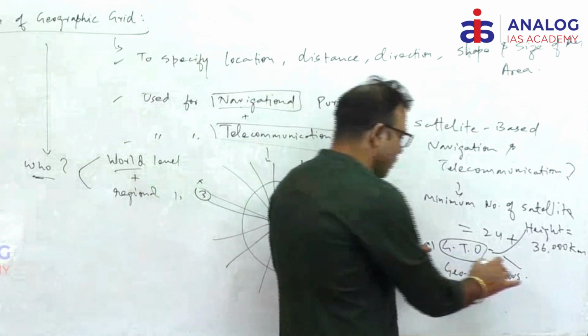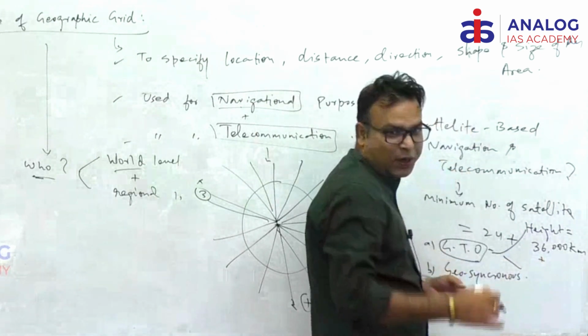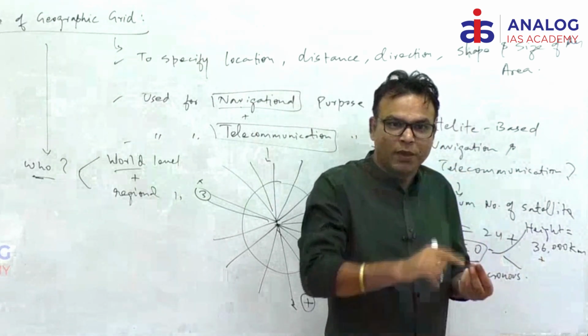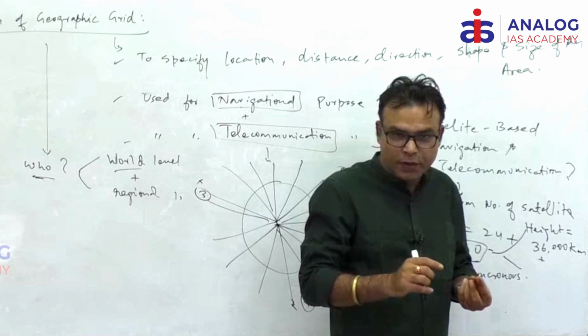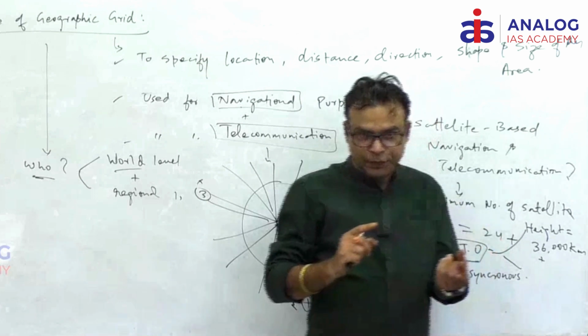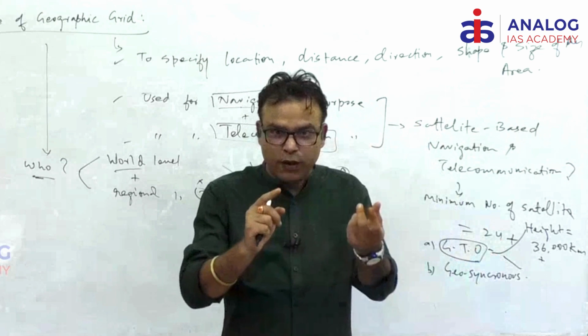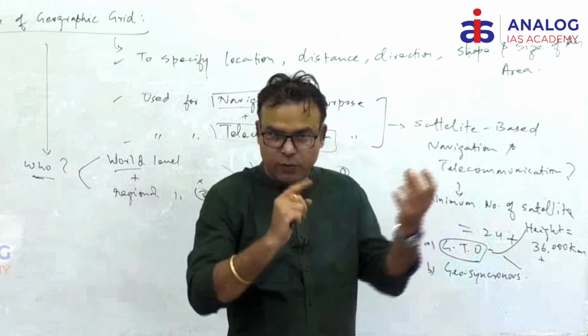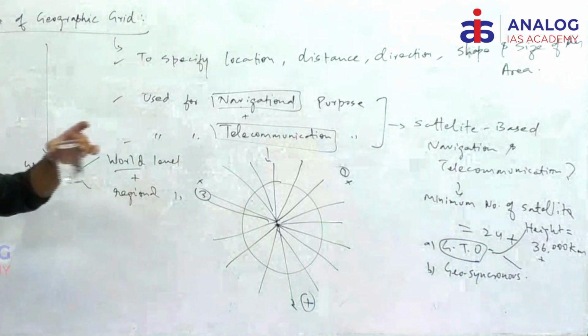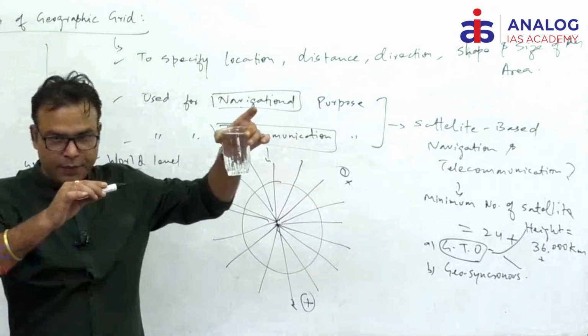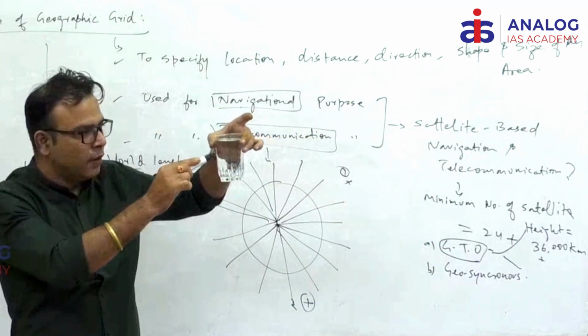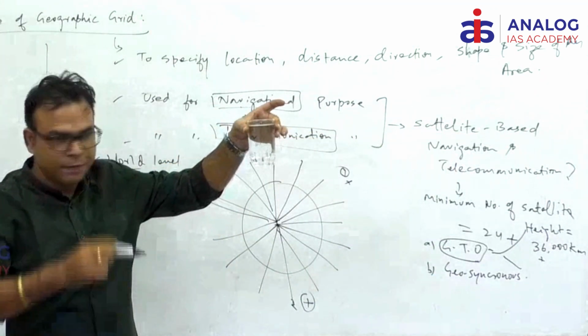The second characteristic of geostationary is to keep a track on one time zone always, 24/7. So that means it should rotate. It will revolve around the Earth within 24 hours. Suppose this is the Earth, this is a satellite. Now this is the point they have to keep an eye on.